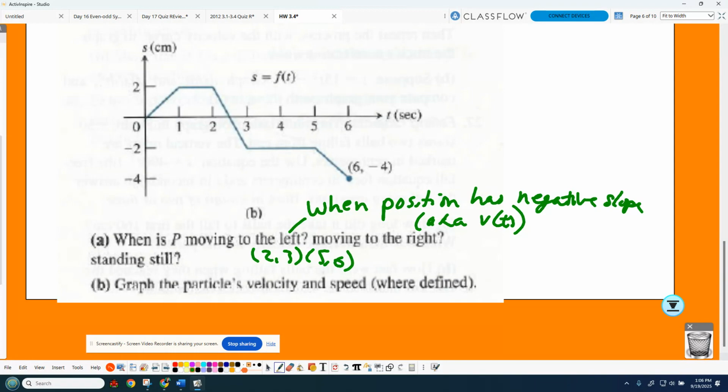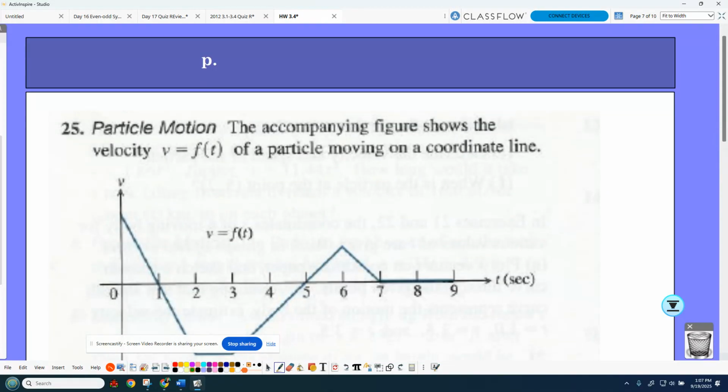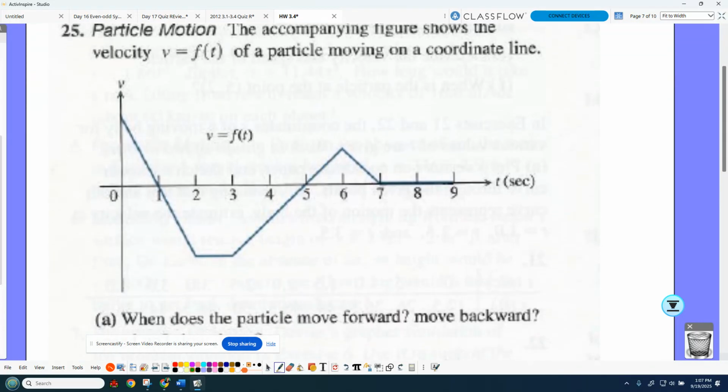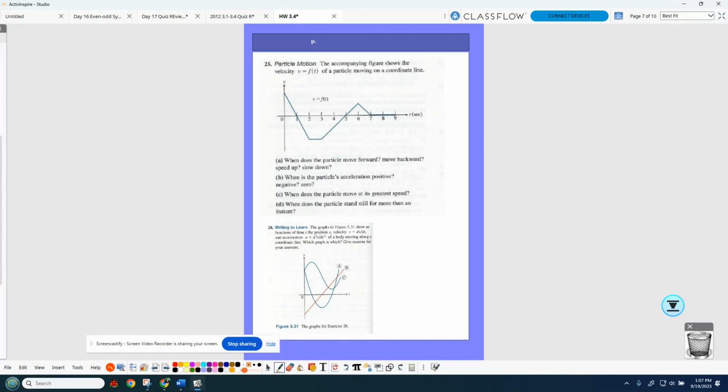When is it moving to the right? When it has positive slope. Sorry, when the position's slope is positive. Okay.